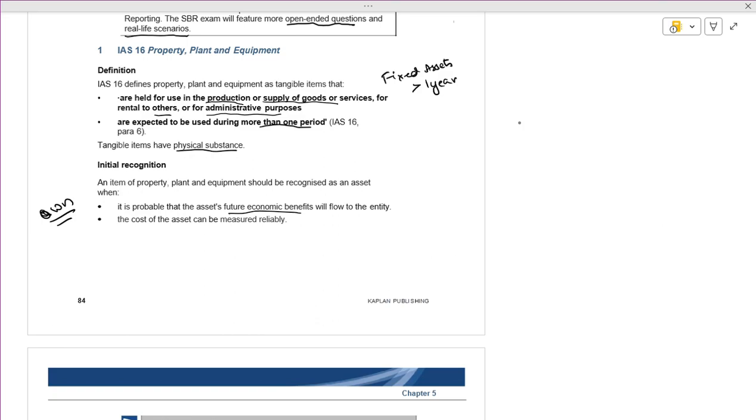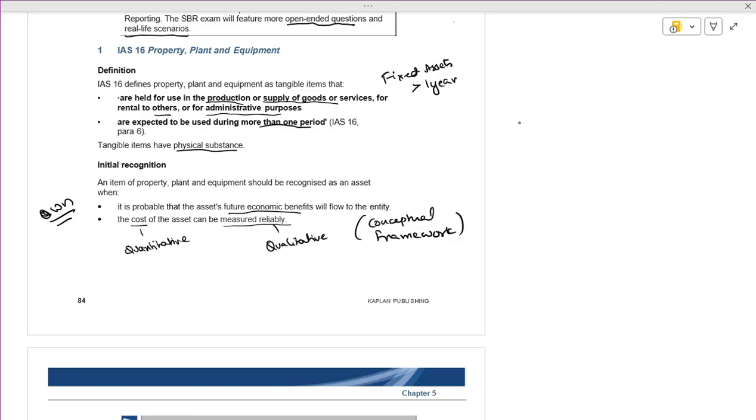And as simple as that, we have to measure it reliably, that is, in monetary terms. Here we are talking in terms of quantitative, as well as qualitative. That is what we are talking about in terms of the conceptual framework.